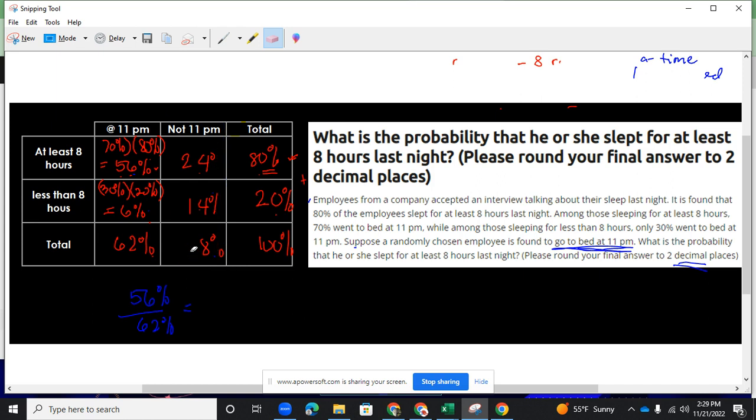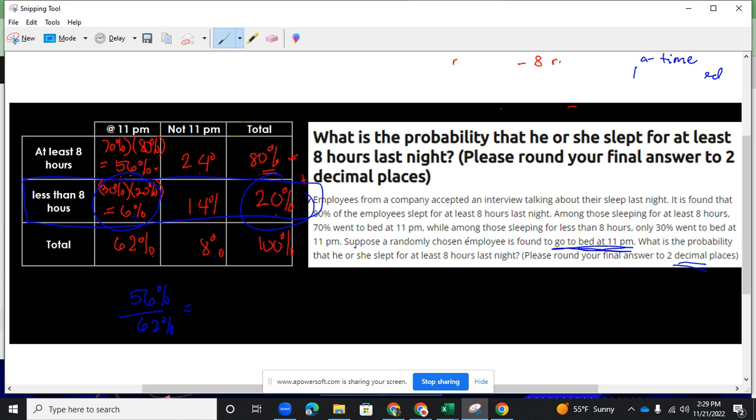Alternatively, if the question is out of those people who slept less than 8 hours, so these are all the people who slept less than 8 hours, and then the question is, what's the chance that someone who is randomly chosen slept at 11? So 6 over 20, and that's the ratio.